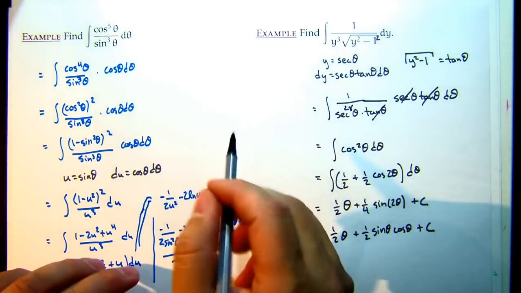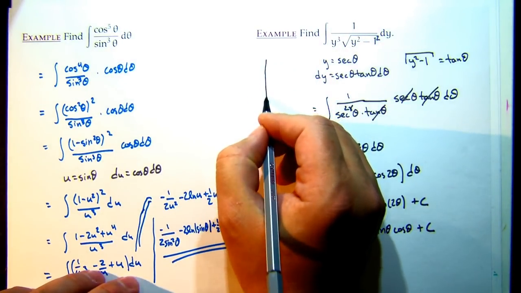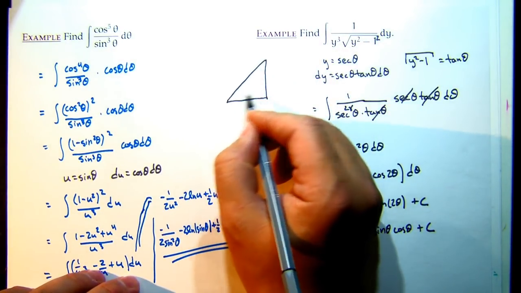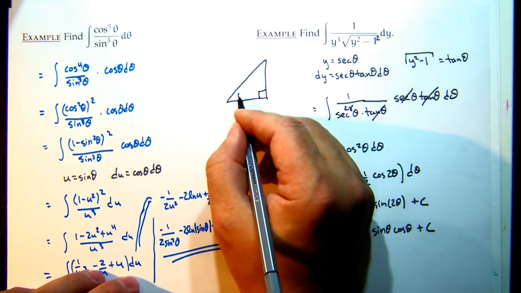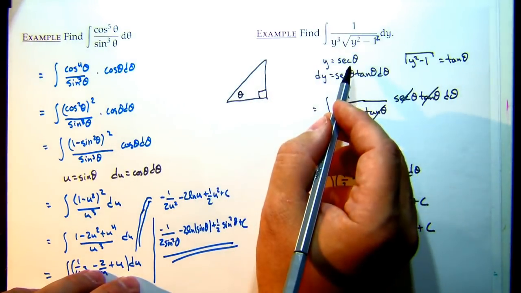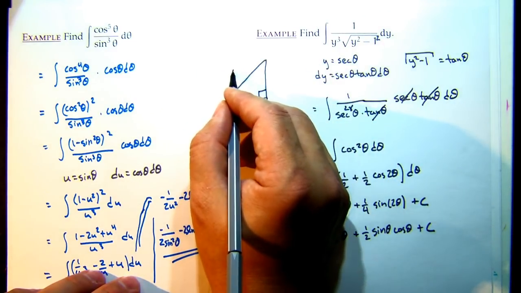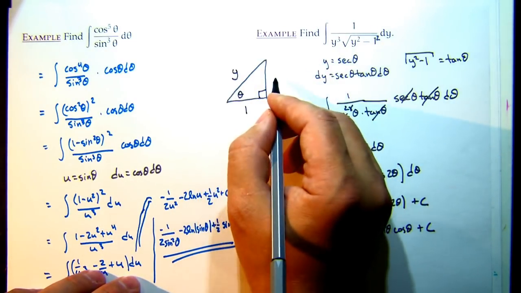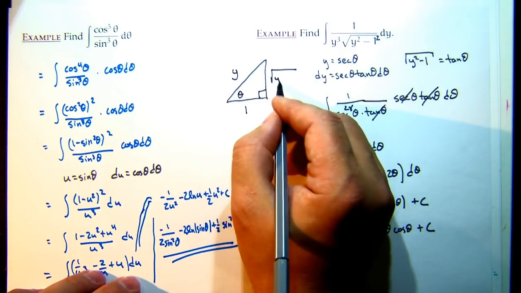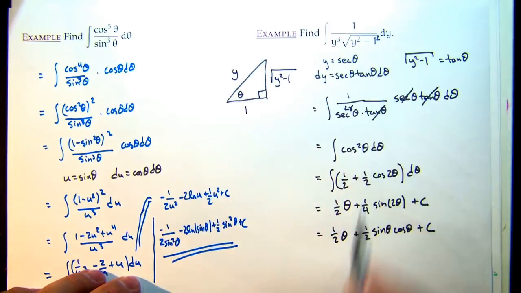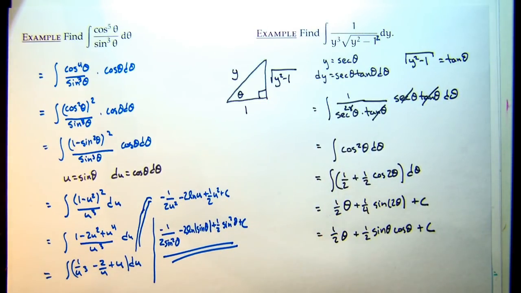So if I come back up here and draw my chart really quickly, I'm going to draw a little triangle. So here I'm going to put theta in the corner. Secant is hypotenuse over adjacent, and that's supposed to give me y. So I can write this as y over 1, which means that my missing side is square root of y squared minus 1. No coincidence, I have a square root of y squared minus 1 there to begin with.